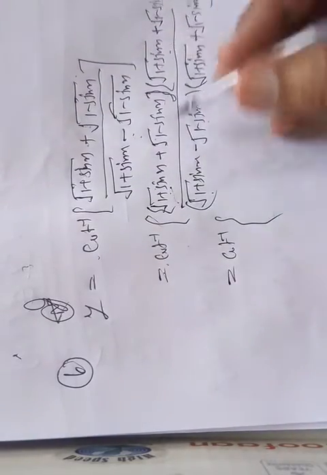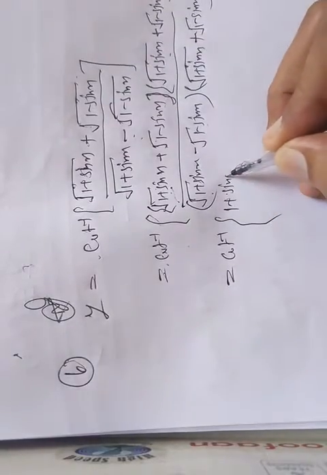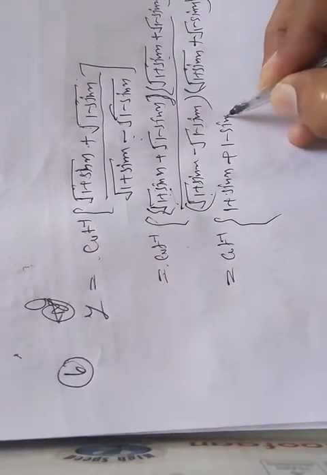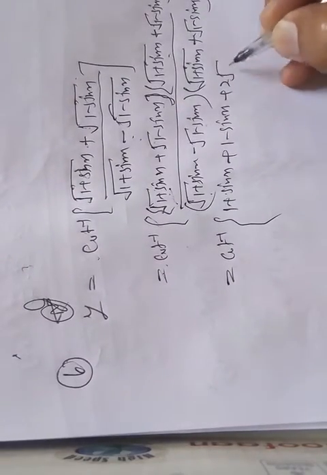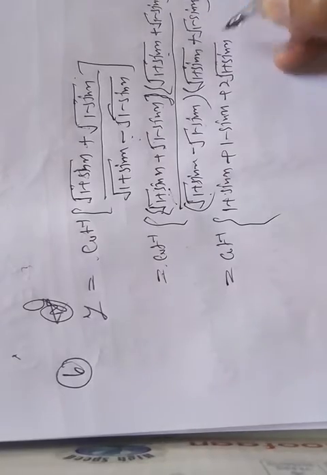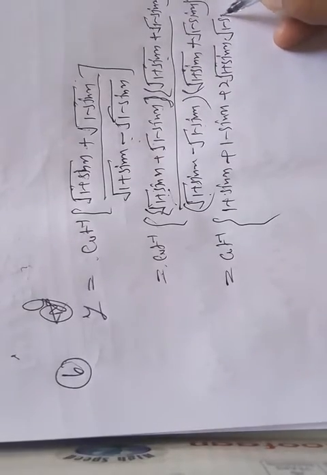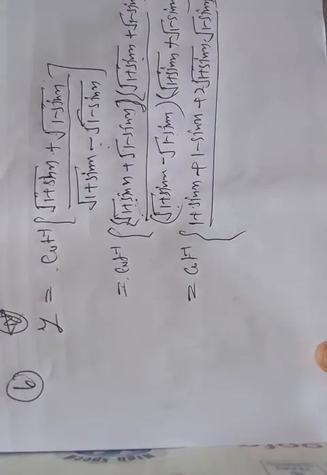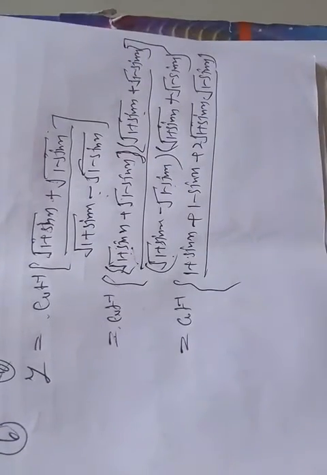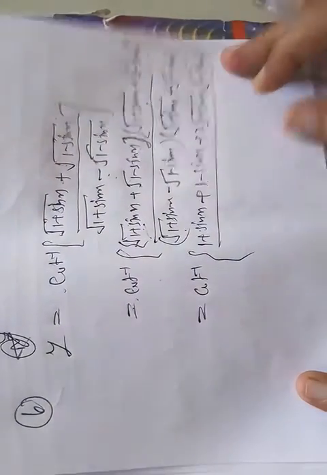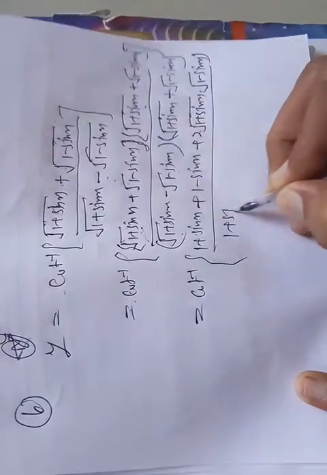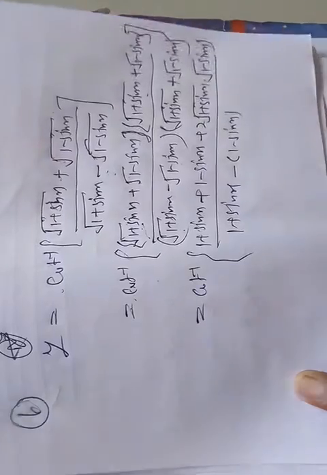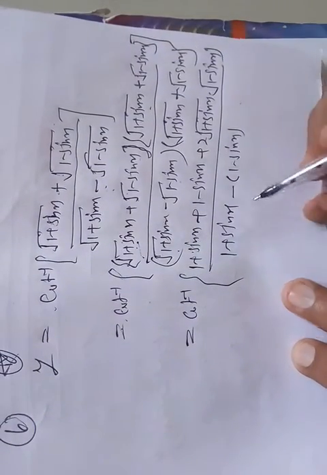So we get (1 plus sin x) plus (1 minus sin x) plus 2 under root (1 plus sin x)(1 minus sin x) upon (1 plus sin x) minus (1 minus sin x). Square and square root cancel.